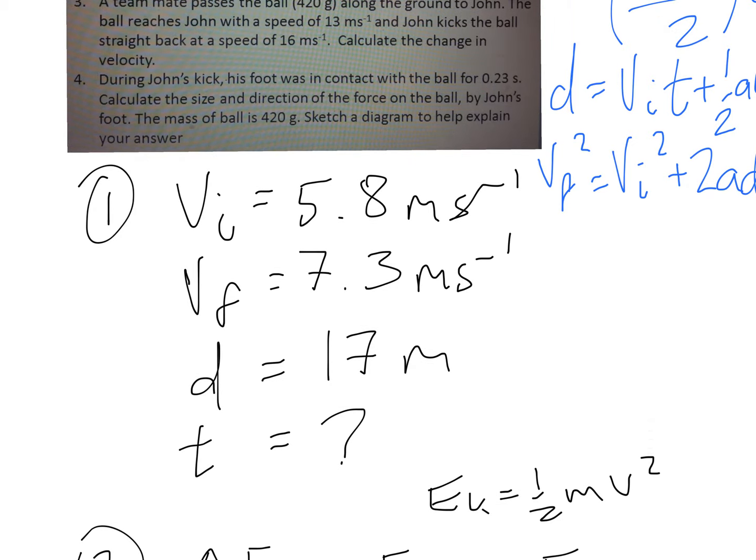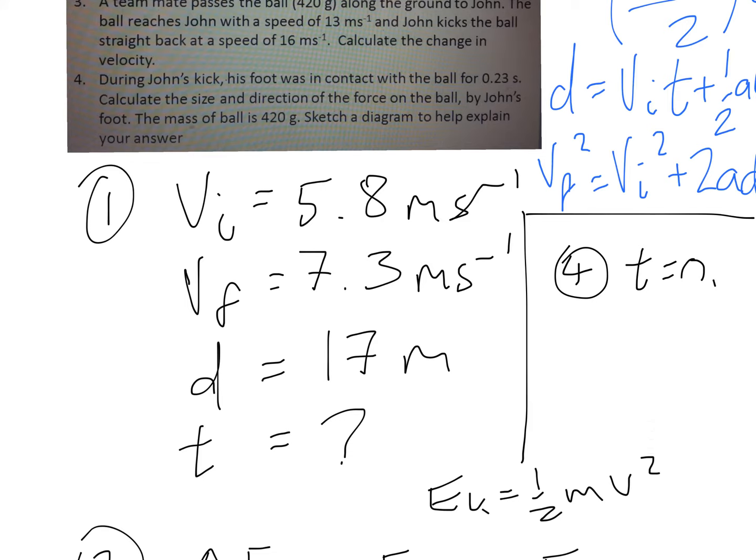Question 4. During John's kick, his foot was in contact with the ball for 0.23 seconds. I'm just going to sketch some little notes down the side here because I'm going to keep close to the question. This is more complex. This is the culmination of all of those other bits of information brought together, or at least from the previous question. So the time that his foot is in contact with the ball is 0.23 seconds.